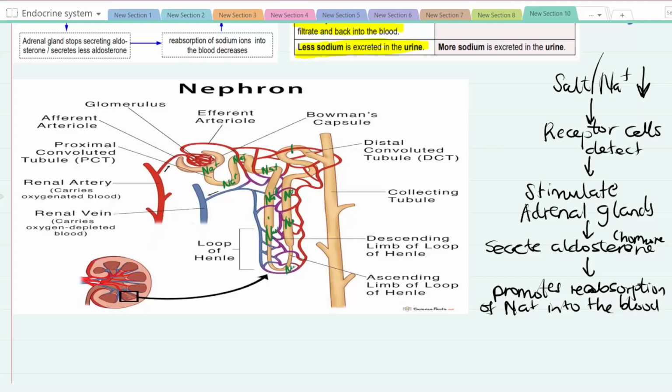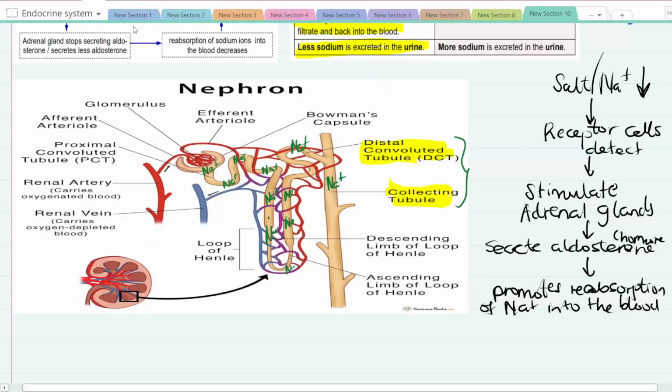But now when it arrives at the distal tubule as well as the collecting tubule, now we know what is going to happen here, because this is the point that the aldosterone will affect. The aldosterone will affect the distal and the collecting tubule.